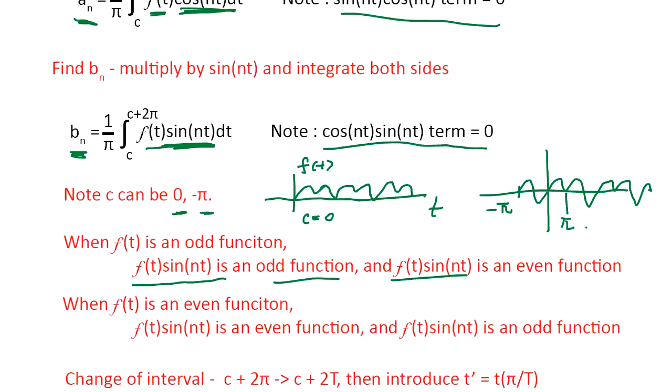Wait a minute, if this is an odd function, this is going to be, cos is an even function, and this is going to be the odd function. If f(t) is an even function, then cos will be an even function and this is going to be an odd function.